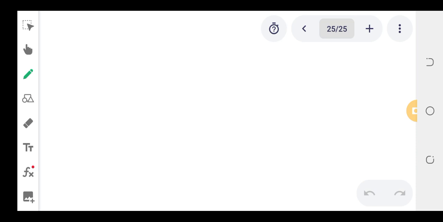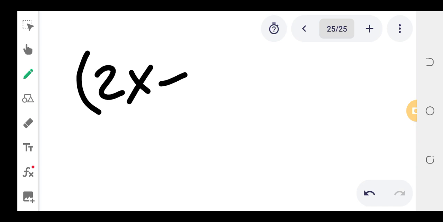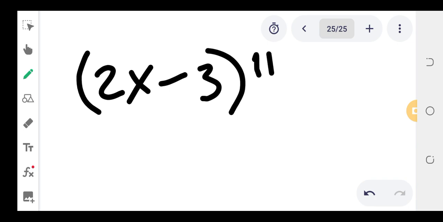Let's say in the expansion of 2x minus 3 raised to the power 11, you are asked to come up maybe with the 9th term.